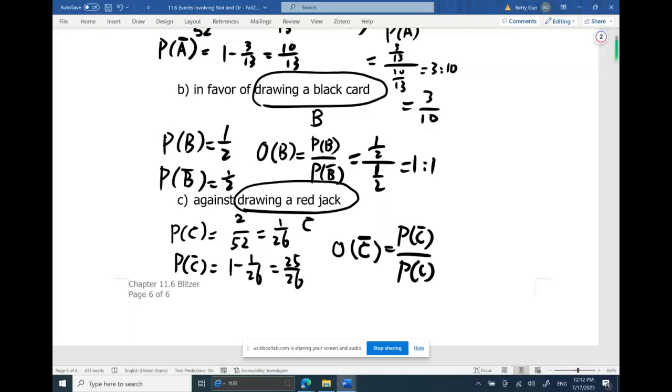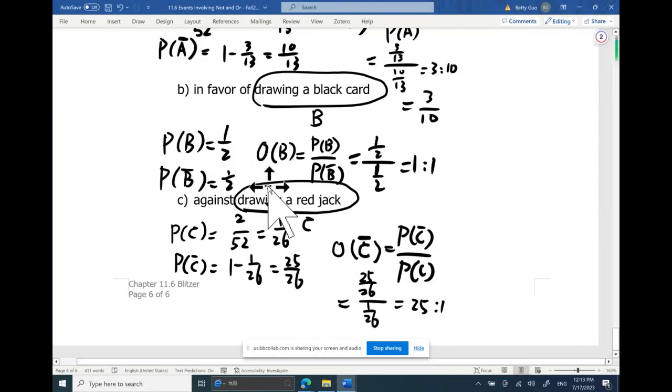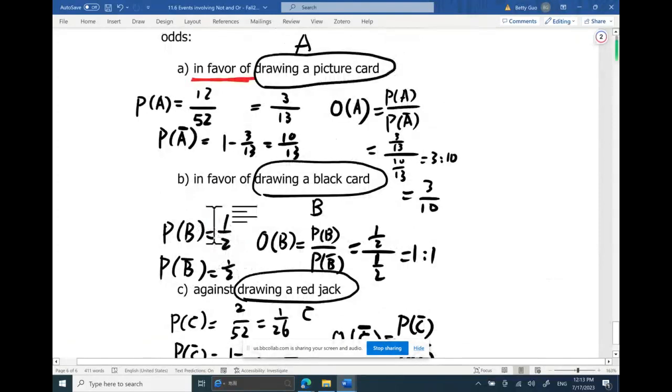In this case, it is against, so the numerator is P of C not occurring, 25 over 26. And denominator P of C occurring is 1 over 26. So we have 25 to 1, or 25 over 1. The result, 25 to 1, is a ratio. Yeah, very, very important.